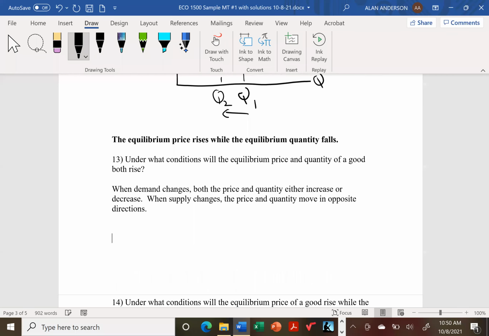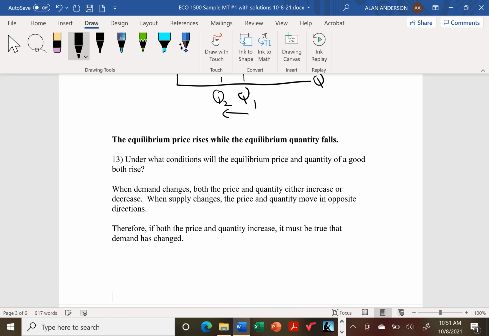Right, so if you look at the pictures, you'll see that that's exactly what's been happening. So as soon as you see that they both go up, therefore, if both the price and quantity increase, it must be true that demand has changed.